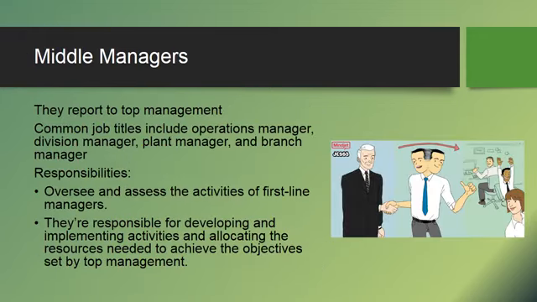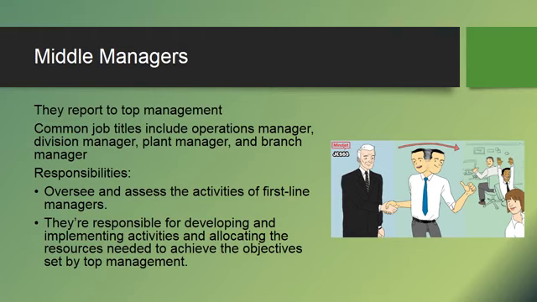Middle managers are the folks who report to top management. Common titles include operations manager, division manager, plant manager, and branch manager. Responsibilities include overseeing and assessing the activities of first-line managers. They're responsible for developing and implementing activities and allocating the resources needed to achieve the objectives set by top management.